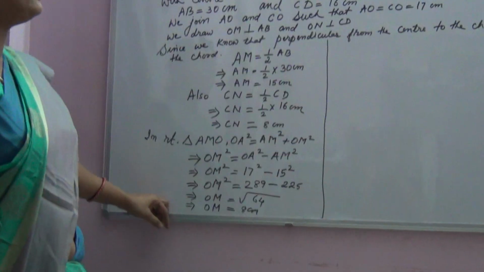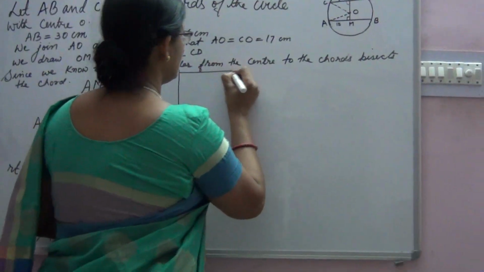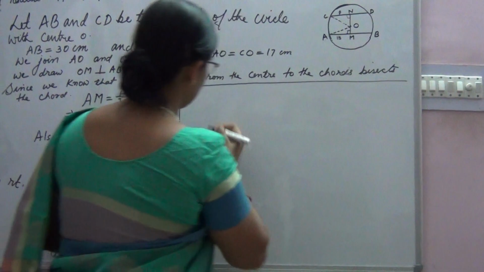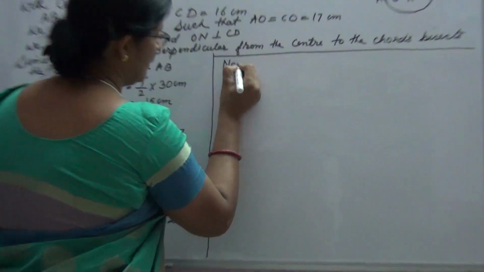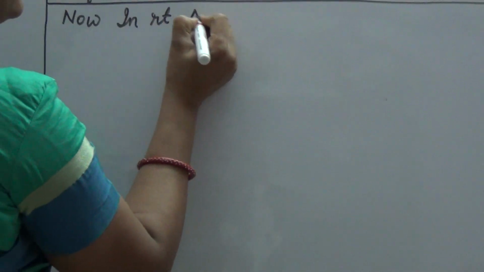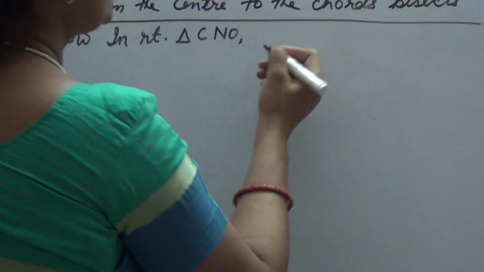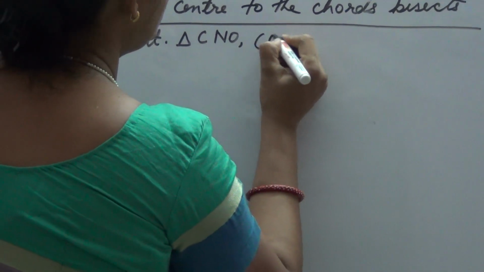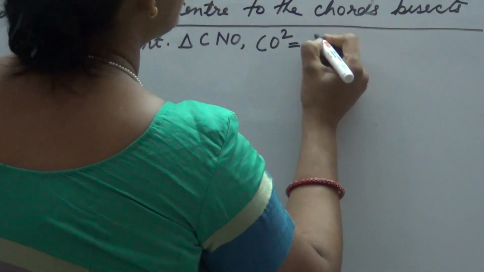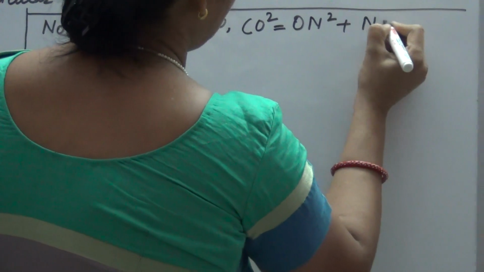Now let us move to the other triangle. In right triangle CNO, again applying the same Pythagoras theorem, we have CO square is equal to ON square plus NC square.